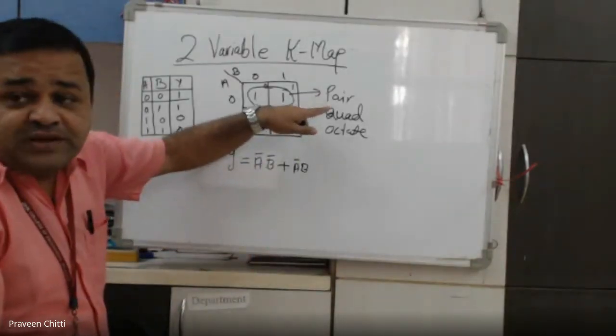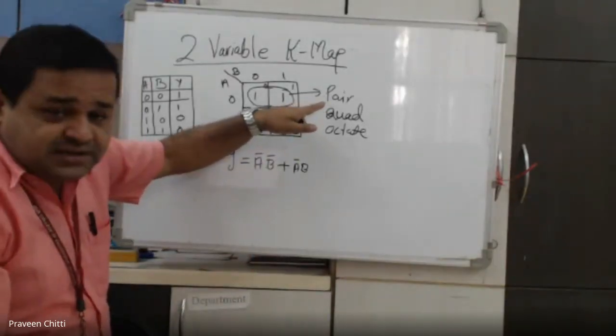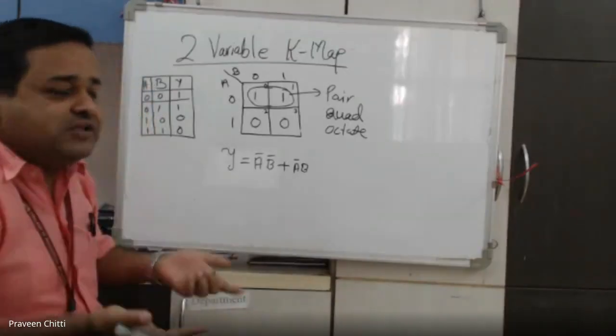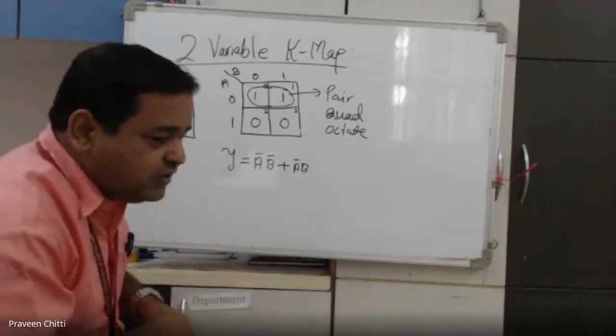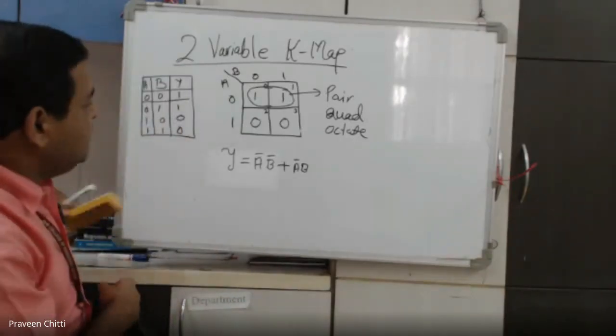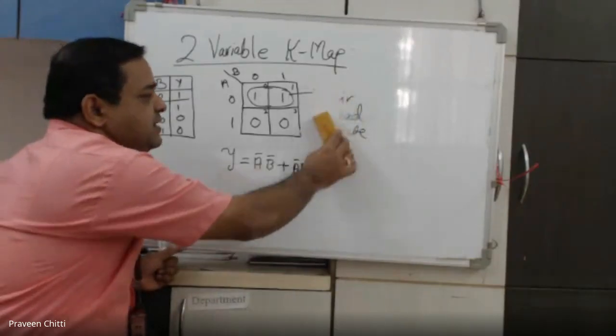Pair means 2 ones, quad means 4 ones, octet means 8, and we can have all 16 covered also. We are going to discuss only 2 variable, 3 variable and 4 variable K-maps.